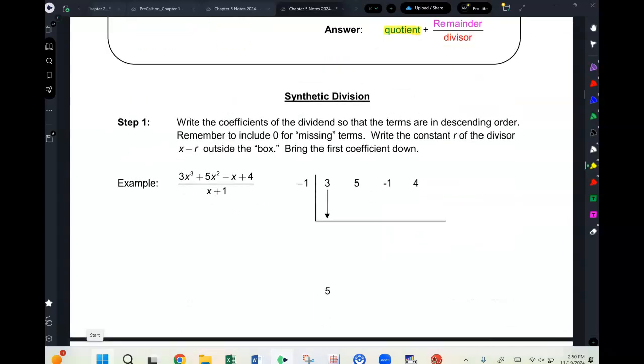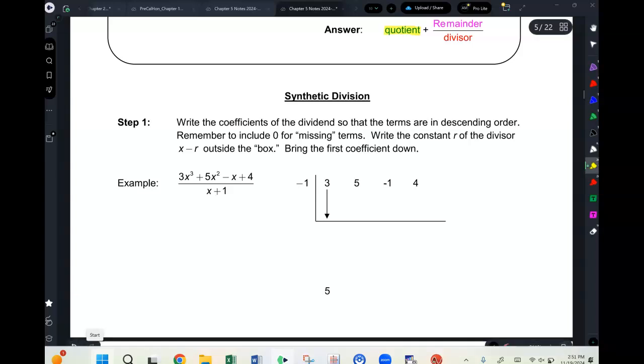So in step 1, we make a chart like this, like half of a rectangle. We write the coefficients of the dividend so that the terms are in descending order. In synthetic division, it is even more important that we have the placeholders for all missing exponents.